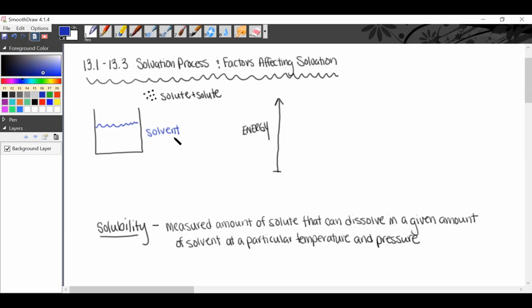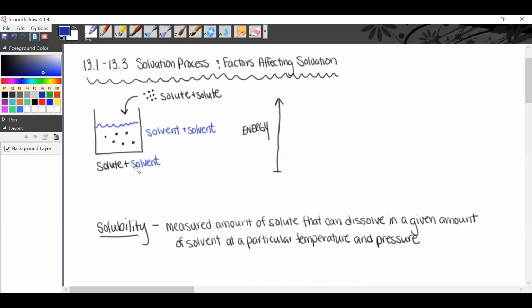The other thing that has to happen is the attractions between the solvent particles also have to be overcome, right? If this is water, there are hydrogen bonds between the water molecules. But what's cool about dissolving a solute into a solvent, if this thing is soluble and we make a solution out of it, is that we're going to end up with some solute to solvent attractions.